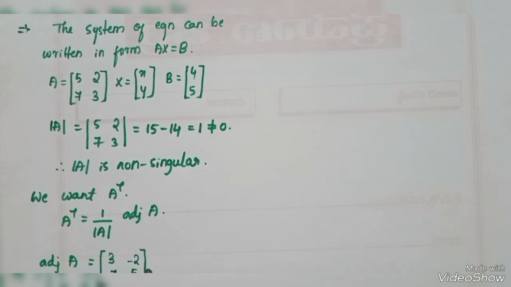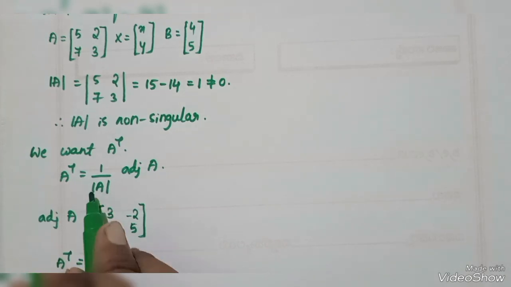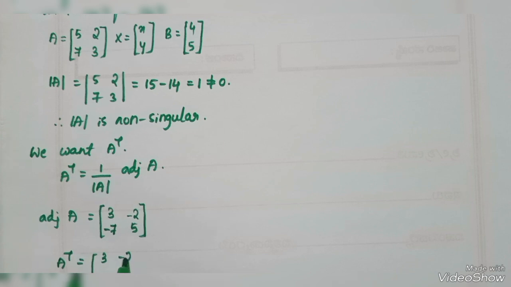This is the adjoint of the A matrix. Now I substitute: A inverse is equal to 1 by determinant of A, that is 1, so neglect it. A inverse is equal to adjoint of A, that is 3, -2, -7 and 5. This is the A inverse.